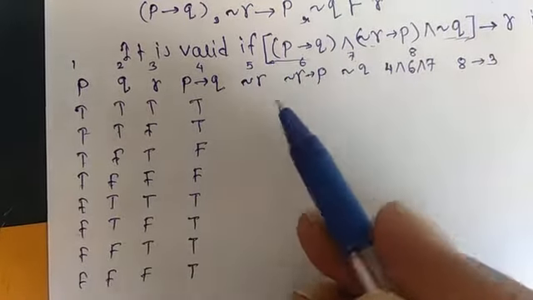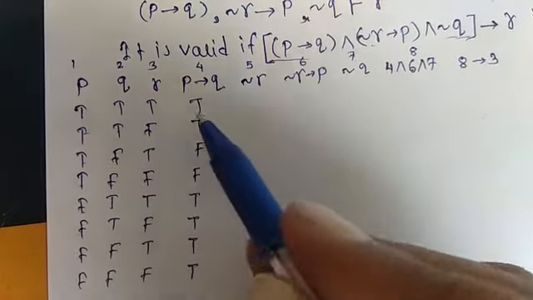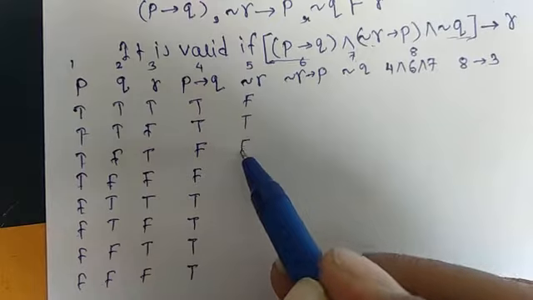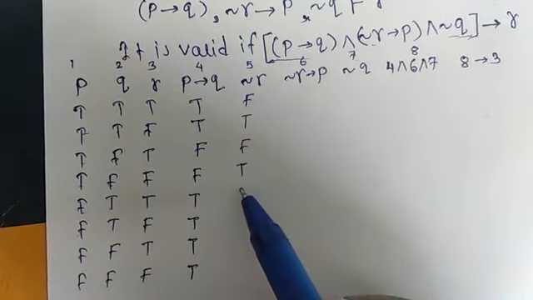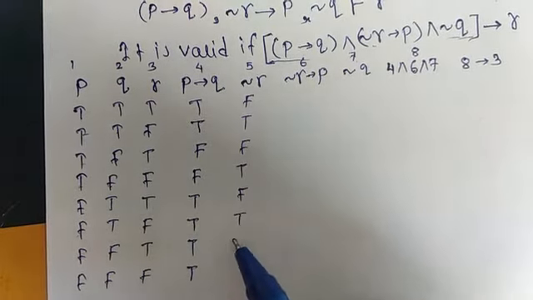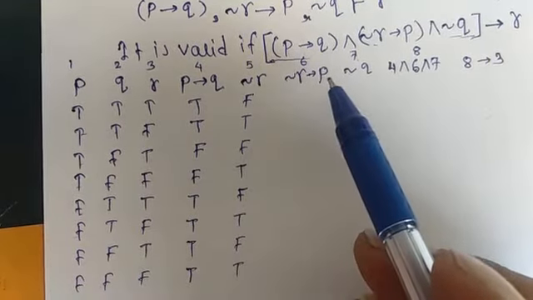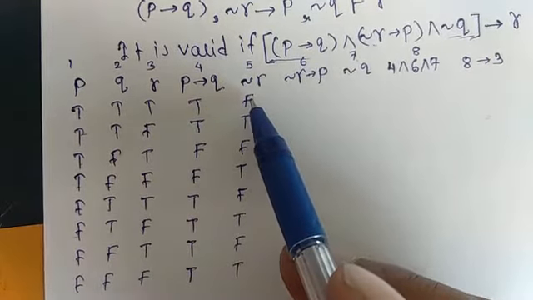Okay, negation R: we have to take the negation of the third column, so it is false, true, false, true, false, true, false, true. After that, negation R implies P, we have to check from right to left.